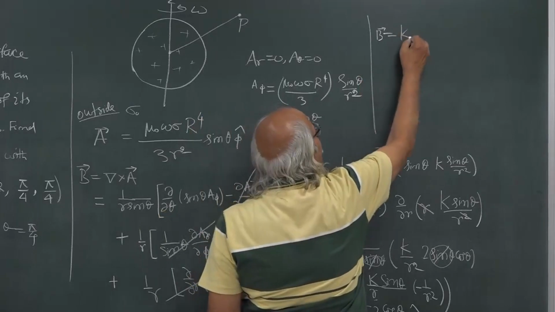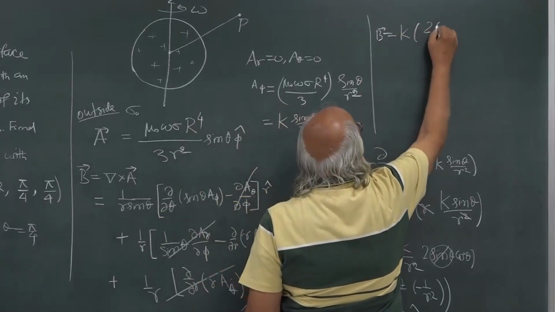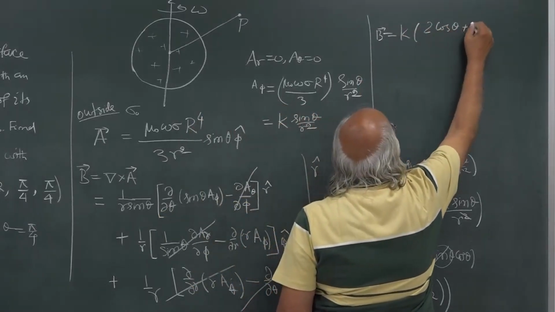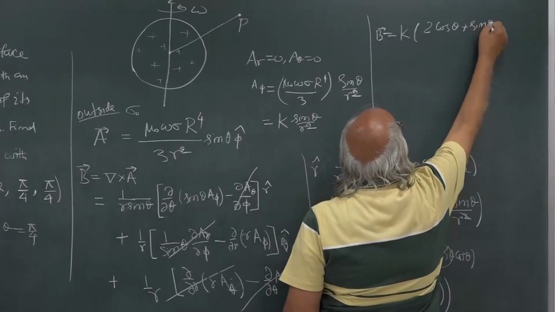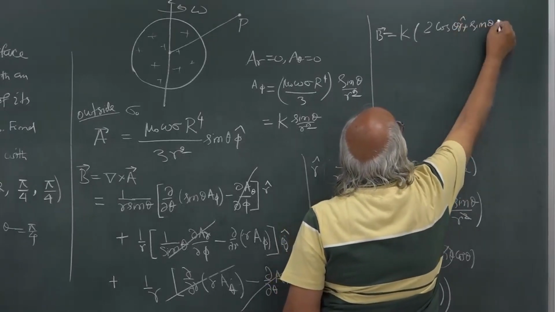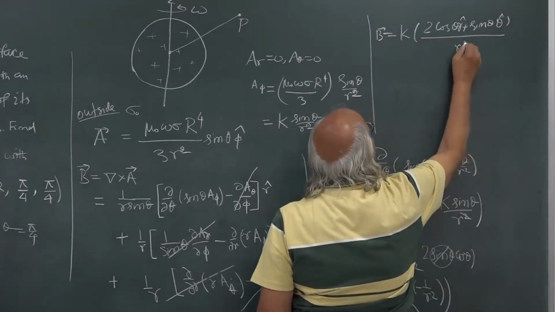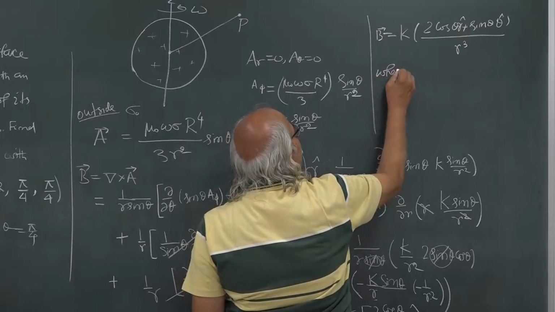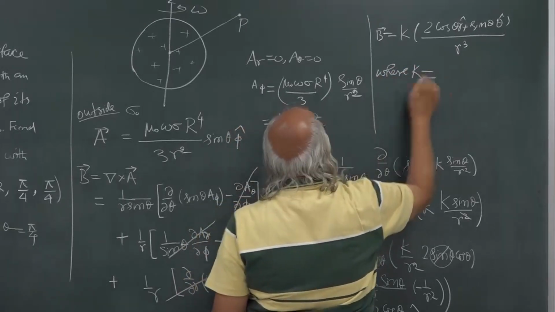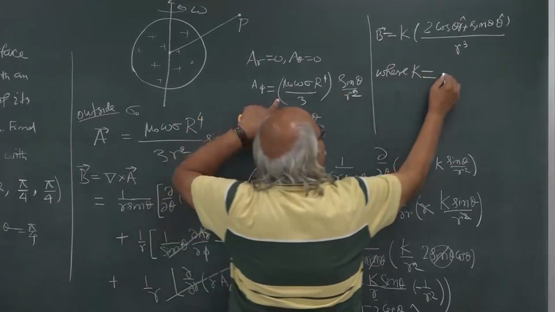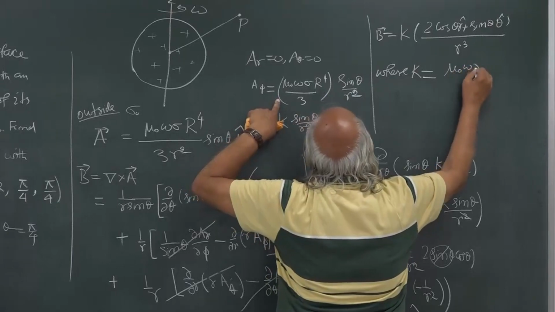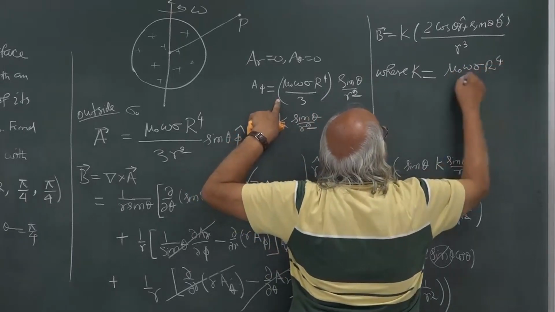So it is k and then 2 cos theta with r cap, plus sin theta with theta cap, divided by r cube. That is where this capital K is equal to this whole bracket, mu naught times omega sigma R to the power 4 by 3.